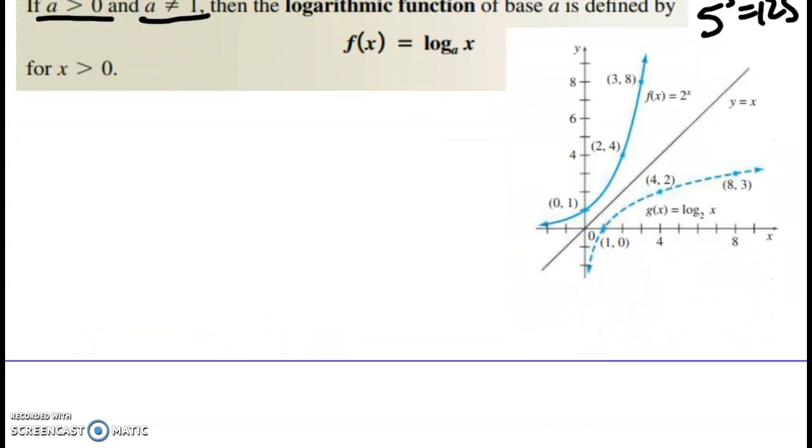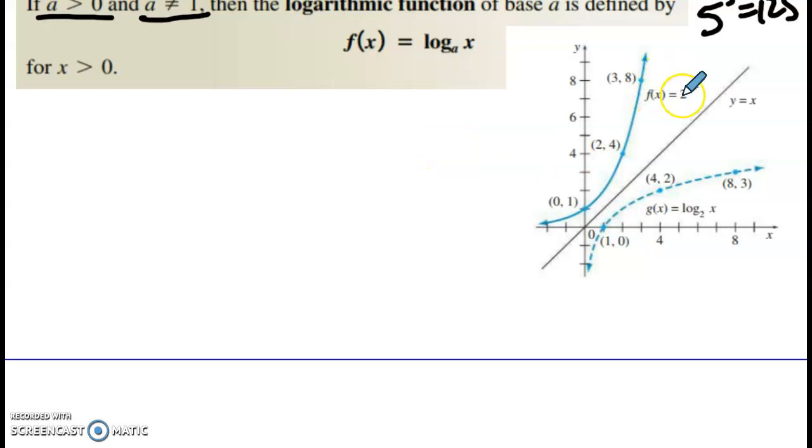If you look at a log function and an exponential function, this is f of x equals 2 to the x. We had graphed that before. We're comfortable with that. This is g of x equals log base 2 of x. It's the inverse. Okay, the x's and y's are switched. This is the line y equals x.